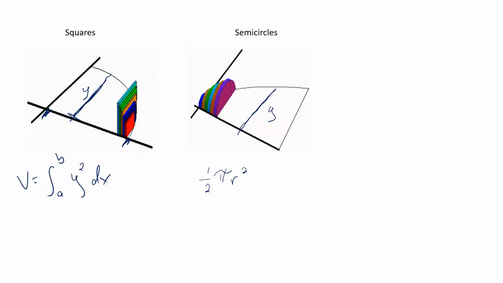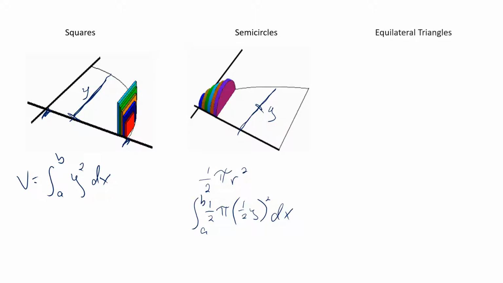Well, the radius isn't actually y, that's the diameter. It's going to be half of y. So we'll have 1/2 of pi times 1/2 y squared, integrate from a to b dx, and we can do it that way.